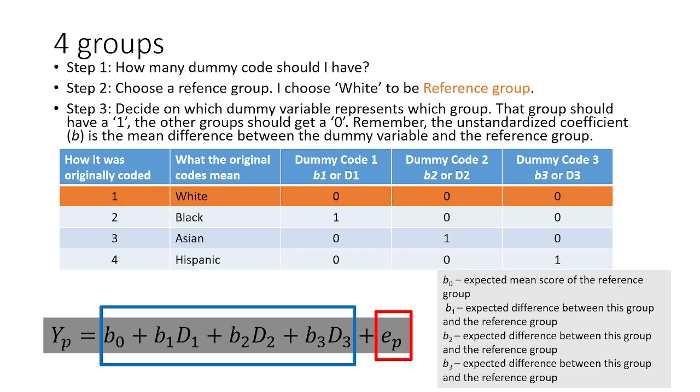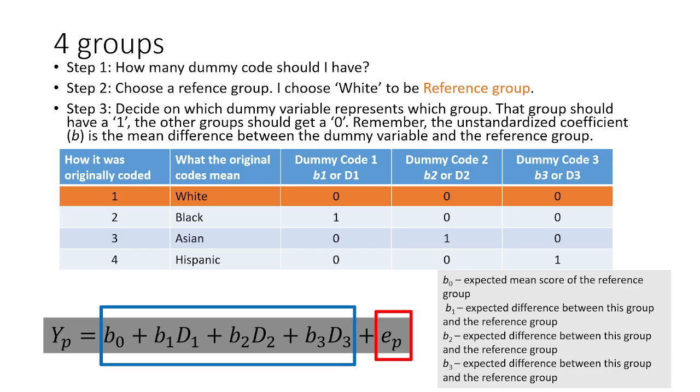If you are black, then you get turned on, which is a 1. If you're not black, then you get turned off, which is a 0, right? This represents black. This represents Asian. So if you're not Asian, you get turned off. If you are Asian, you get turned on. Same thing with Hispanic, right? Okay, so going back to this one again. What's this again?